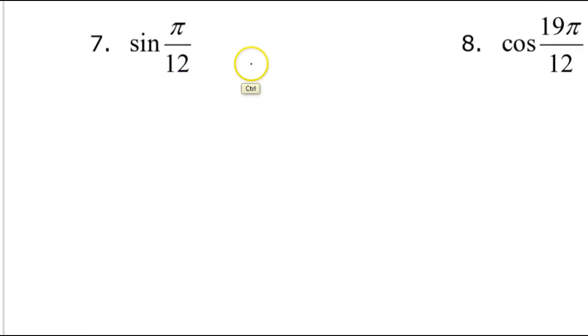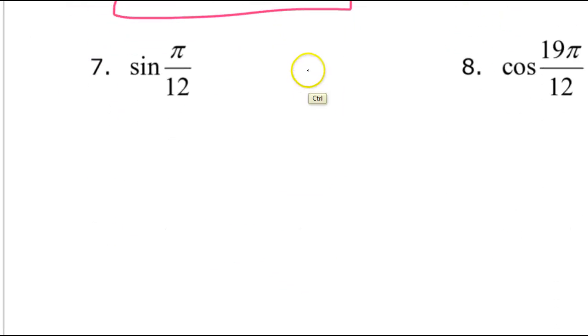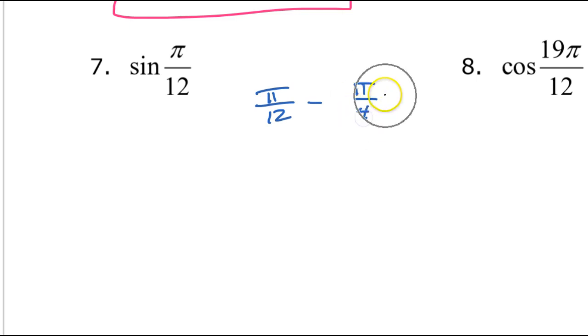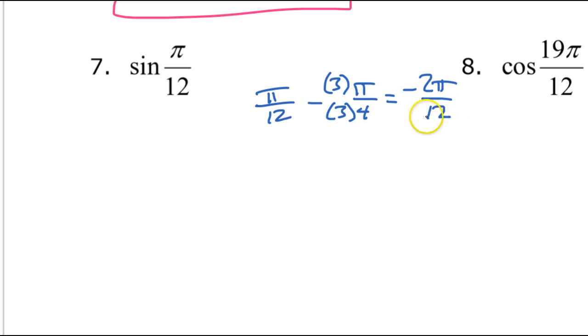We will do something very similar for the sine of pi over 12. So once again, we will start with pi over 12, and we will subtract pi over 4. But I will need like denominators, so I do that. Pi minus 3 pi is negative 2 pi. So I've got pi over 12 minus pi over 4 is equal to negative pi over 6.